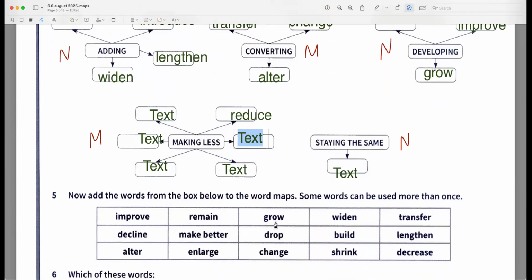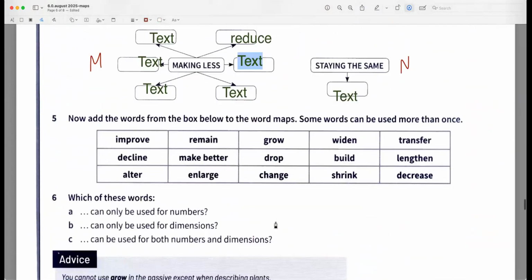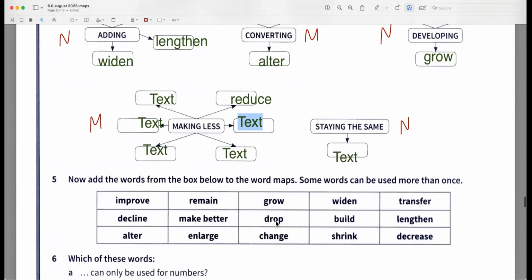Ý là mình tìm trong bài á, tức là cái bài mẫu ở trang 47 bởi thêm là bài ở bài số 5 này ha, trang 18 này. Decline. Yeah, decline. Okay. Shrink. Yeah, shrink.